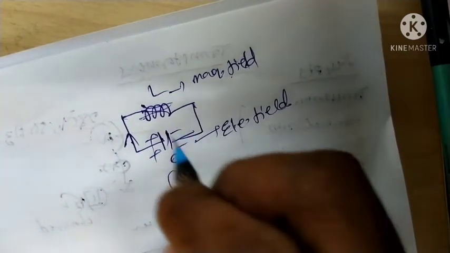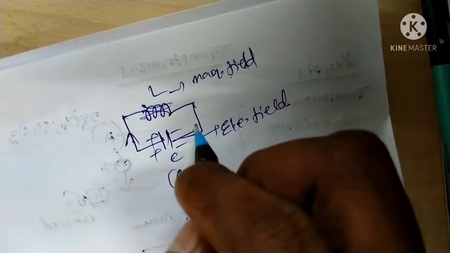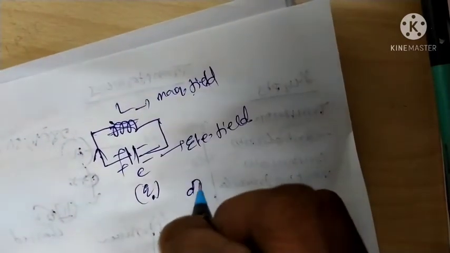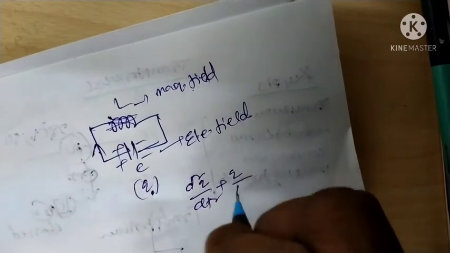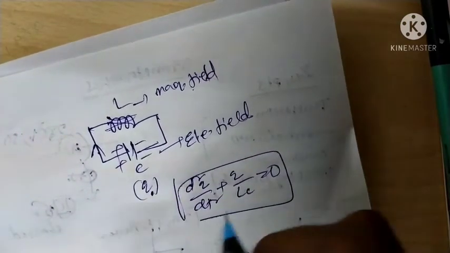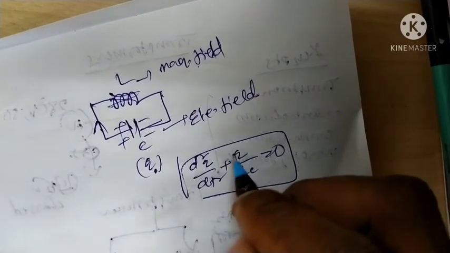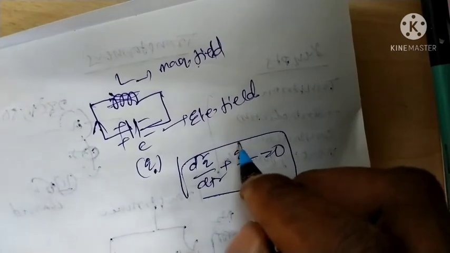What is the frequency of LC circuit oscillation? In the case of an LC circuit, the equation is d squared Q by dt squared plus Q by LC equals 0. This is the equation of motion of the LC oscillator, in the form of electrical energy.